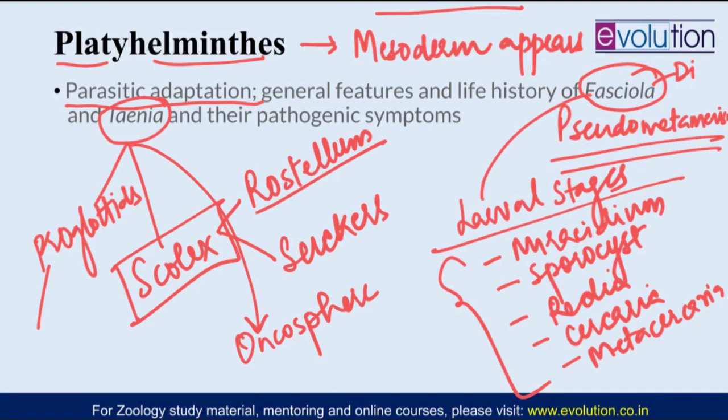Within the oncosphere there is the hexacanth larva, and when the oncosphere containing the hexacanth larva is ingested by the pig, it develops into the next stage, which is the bladder worm or the cysticercus larva.